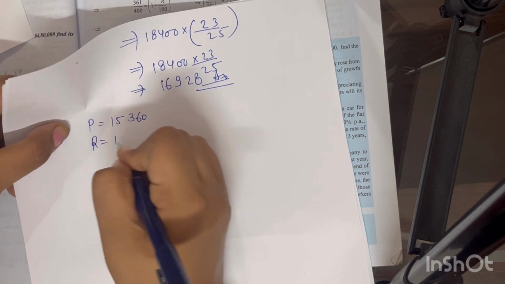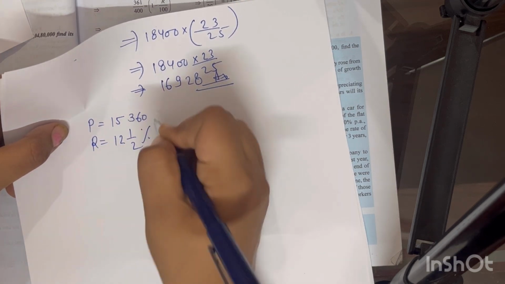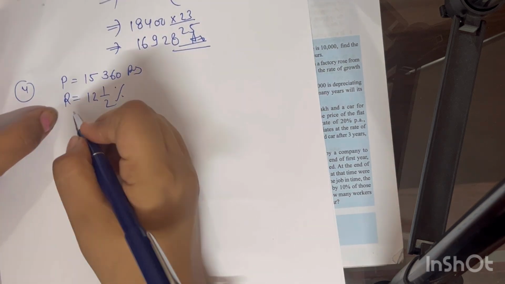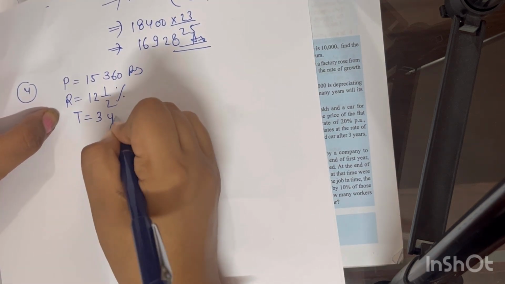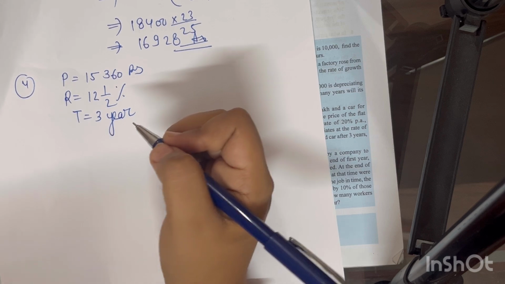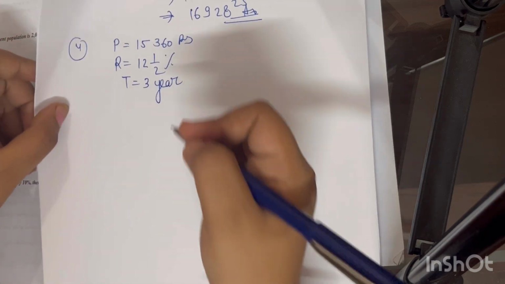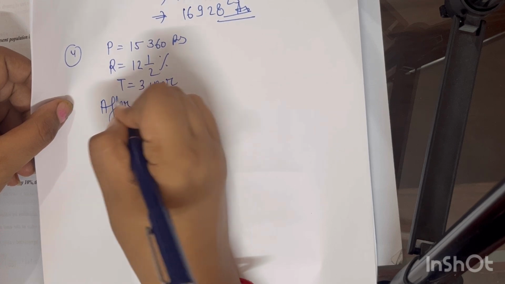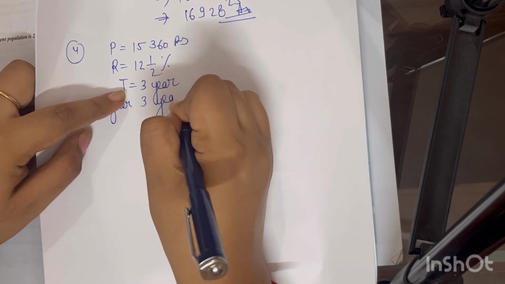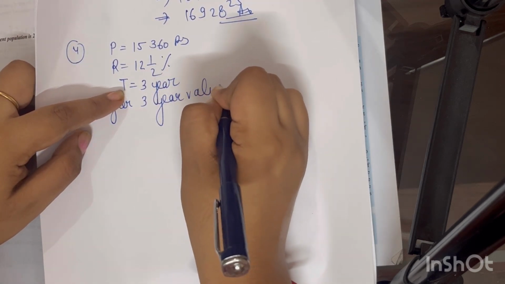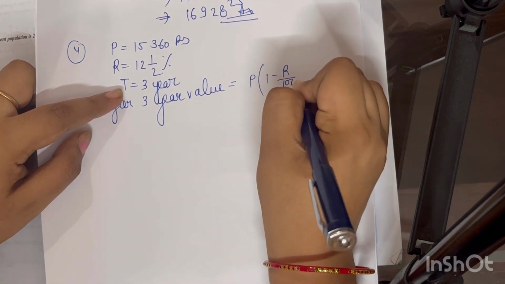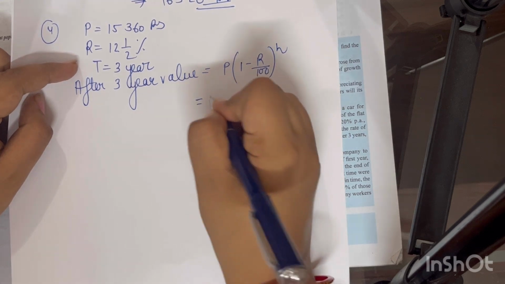R is given, 12 1/2. Time is given, 3 years. So after 3 years, value is P(1 minus R by 100) to power n.